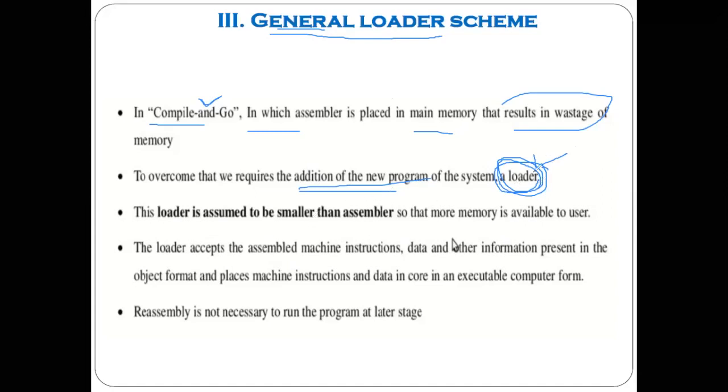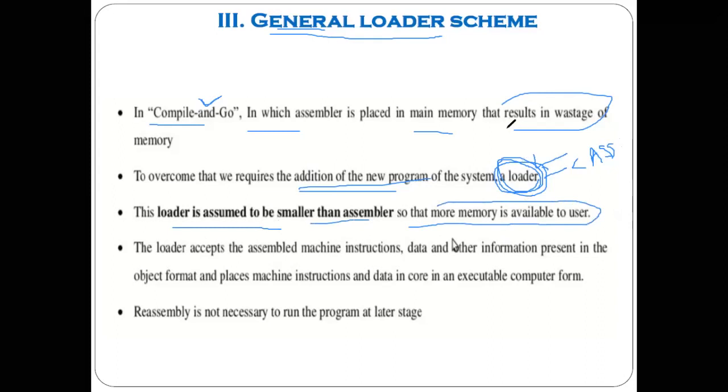Now let's see how it avoids that wastage of space in the memory. The loader itself is also part of the main memory, but the size of this loader is very small, less than the assembler or translator. That is the reason I have mentioned that this loader is assumed to be smaller than the assembler, so more memory is available to the user.